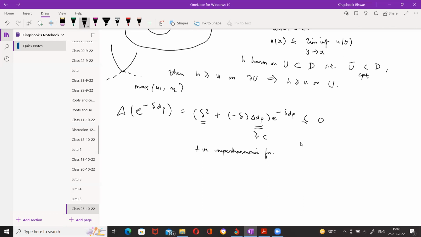You see, if I do the same thing in Rn, what happens in a negatively curved manifold? We saw that this Laplacian of the distance function is the trace of the Hessian, right? And the Hessian is bounded above and below by two positive constants as r tends to infinity.